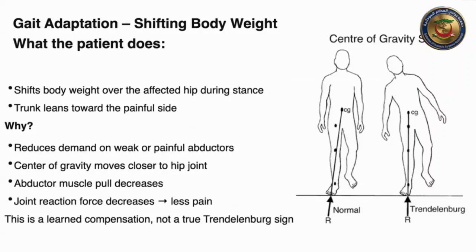That decreases the demand on the weak or painful abductors. As the center of gravity moves closer to the hip joint, the abductor muscle pull is decreased, so the joint reaction force will decrease and pain decreases. This is how the compensated Trendelenburg works.